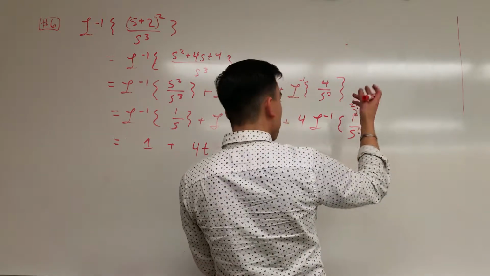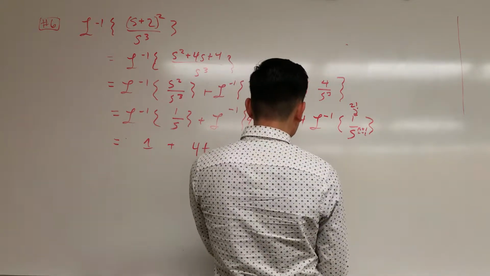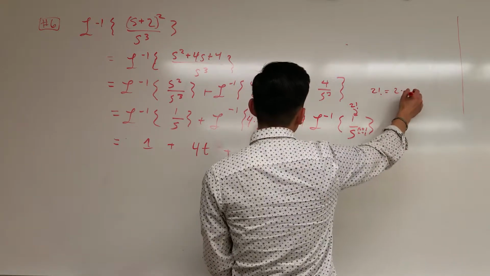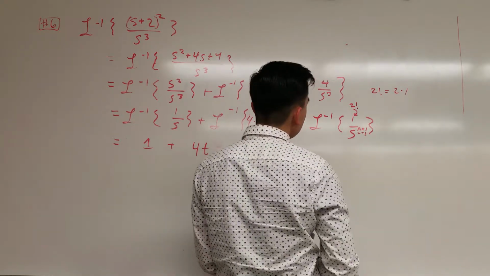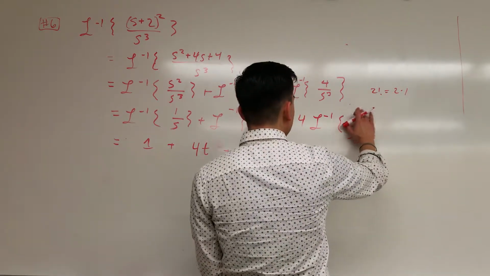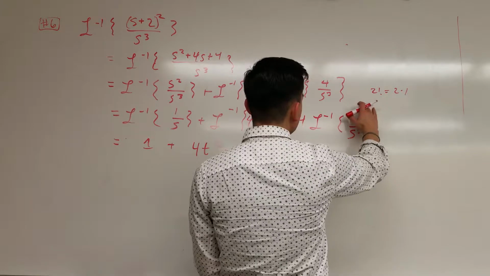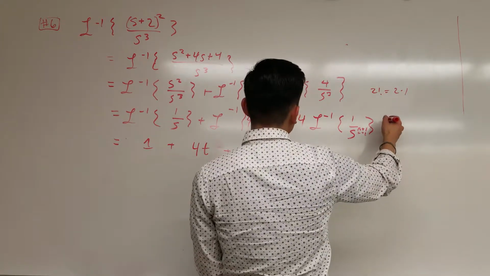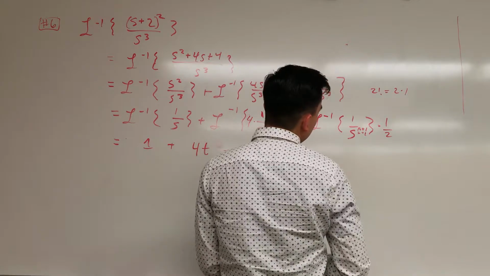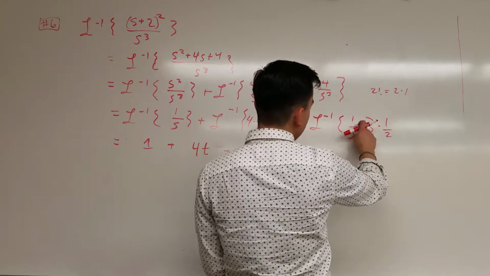And I did the factorial wrong. So we should have that 2. 2 factorial is 2 times 1, right? All right, so we should actually have that 2 somewhere in there. So what we're going to do is multiply that by 1/2 to make up for not having that 2.